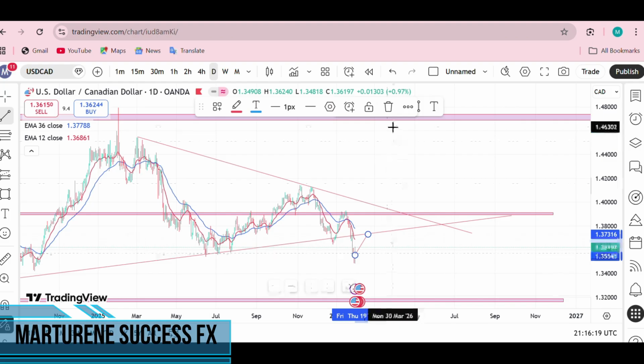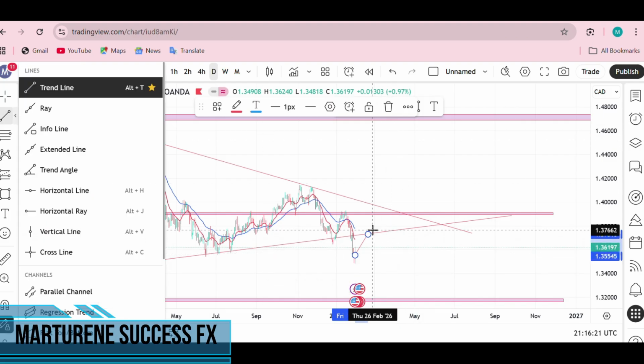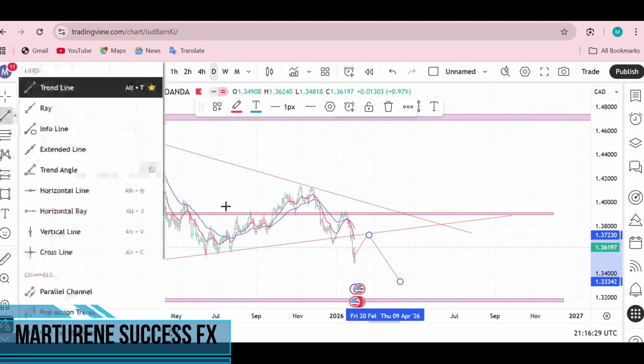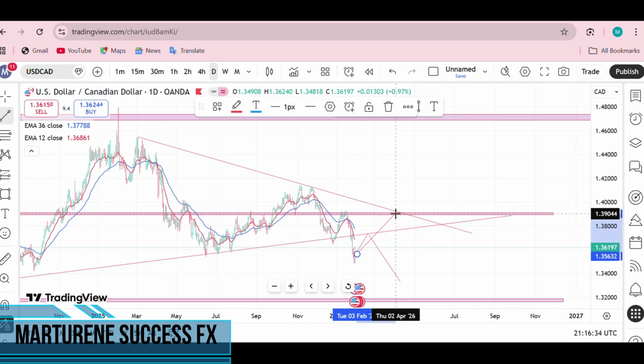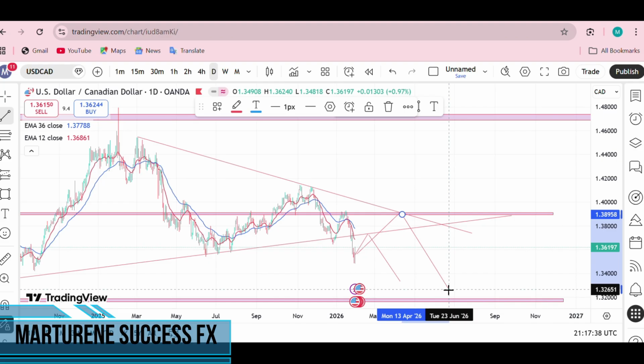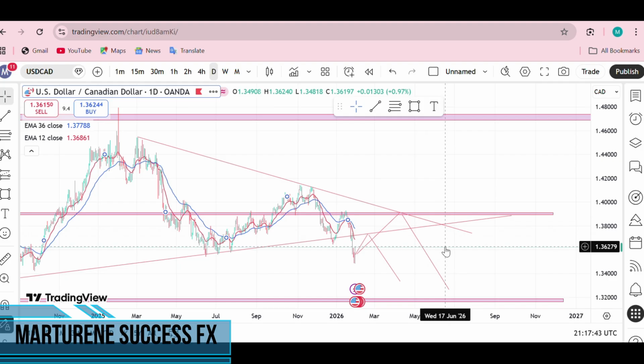It can come here, make a retest and go back down, or it can go back up here, and then it's going to come down. So these are the possible options that we can see.